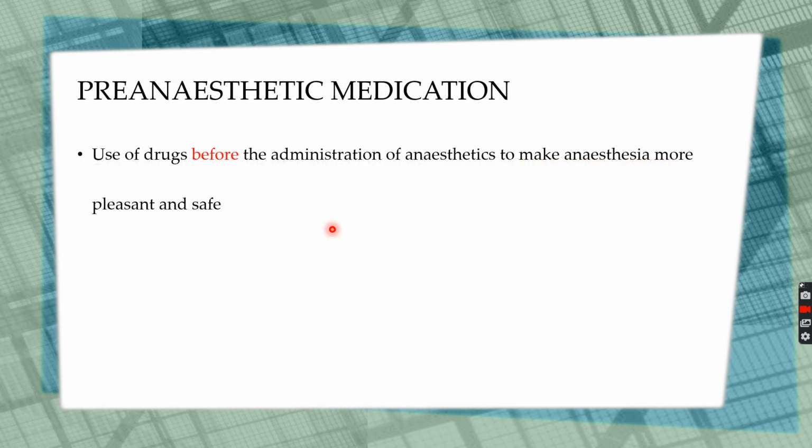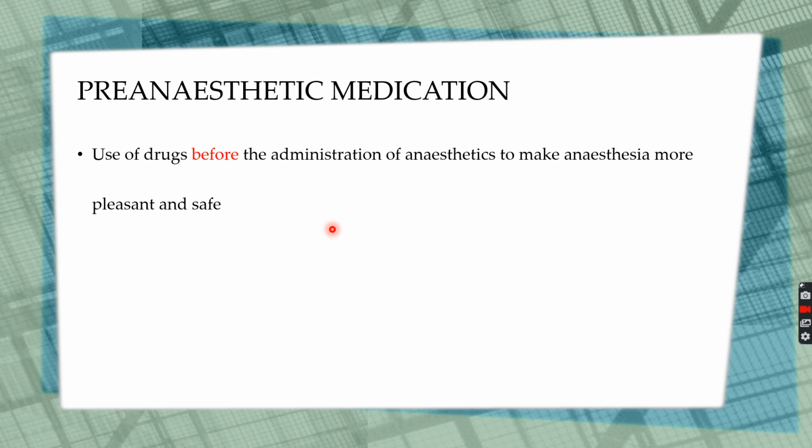The next thing that we will look into is pre-anesthetic medication. Now, remember, when we talk about general anesthesia, it is not a very pleasant experience for patients and it has a lot of risks involved with it, because we are sedating the patient, we are making the patient unconscious, because of which the person is sometimes not able to breathe on his own.